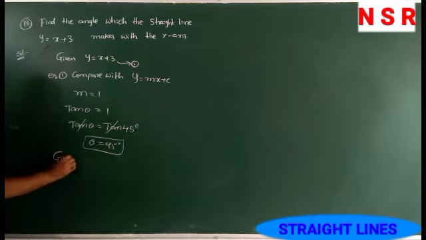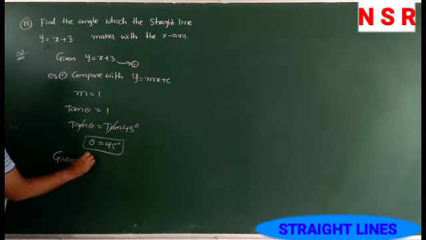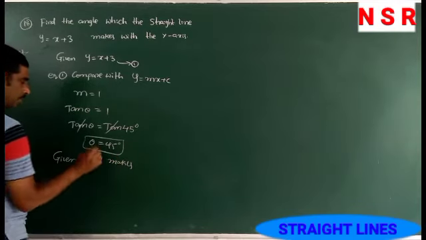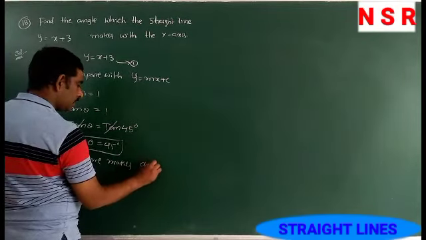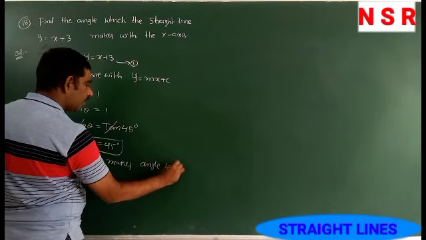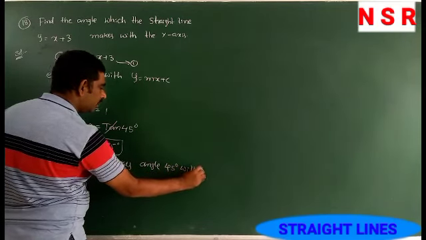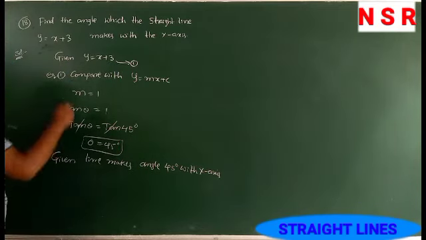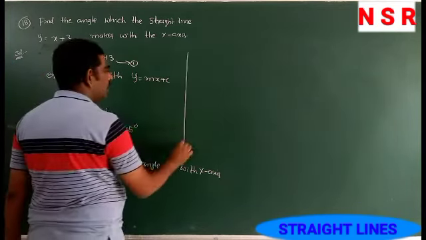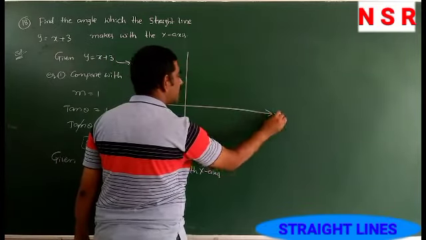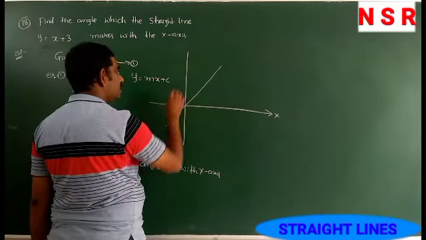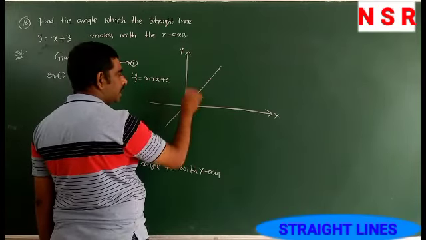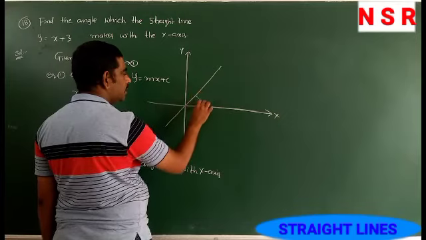So this angle 45 degrees means the given line makes an angle of 45 degrees with the x axis, but we have to find it with the y axis. Now a line makes an angle of 45 with the x axis, so it makes the same angle with the y axis, because the line makes 90 degrees with both x and y.